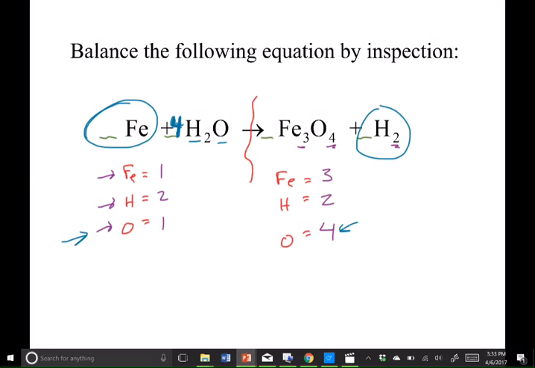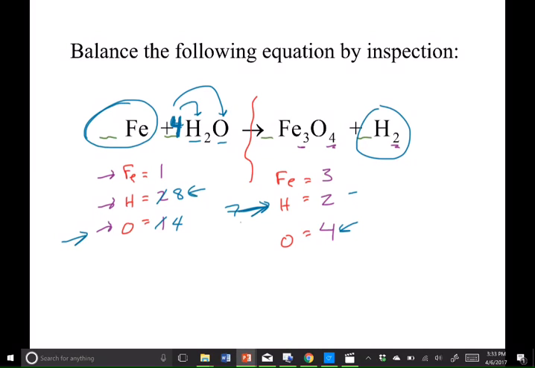So now, how many hydrogens do I have? Well, 4 times 2, dang, I've got 8. And how many oxygens do I have? Now I have my 4 oxygens. So that's good. Now my oxygens are set, but my hydrogens aren't. I've got 8 over here, and I need to up that 2 to an 8. How can I get 8 hydrogens over here on the product side?